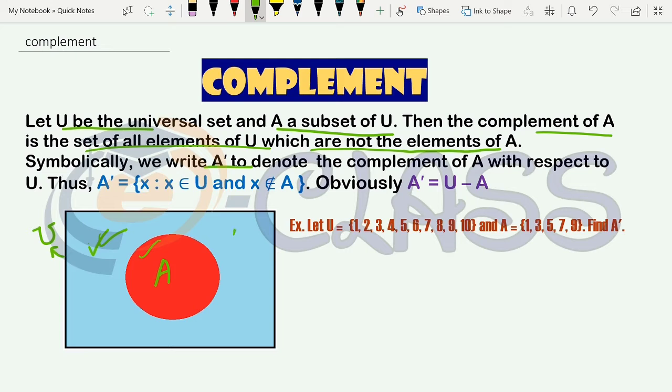So the sky color area is symbolized as A dash, that is, A dash is the complement of A.